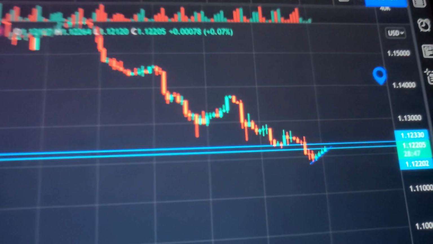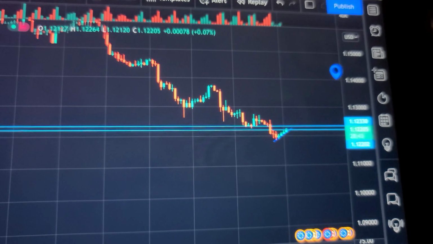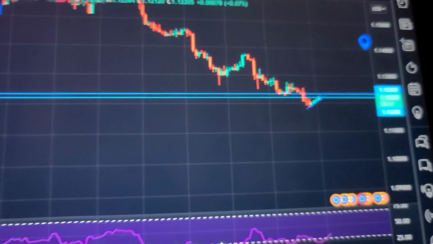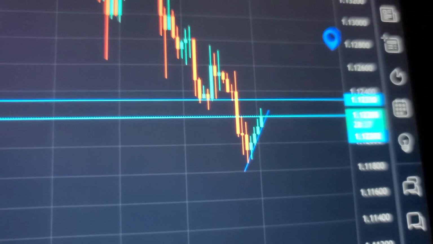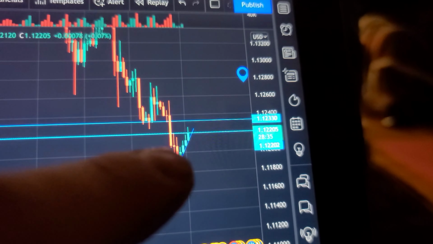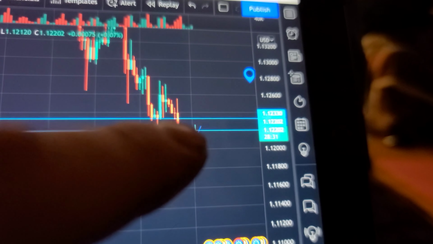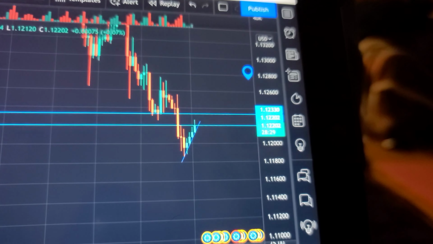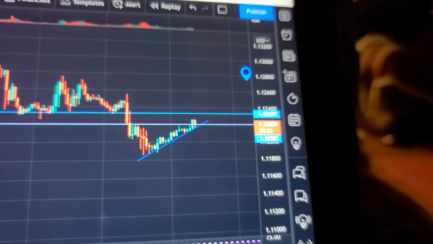Then I went to the 4-hour. It is still on a downtrend on the 4-hour, but it is kind of going up for the past 16 hours. Each one of these candles is 4 hours. So then I go down to the 1-hour.